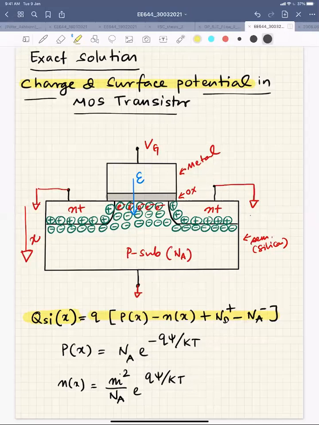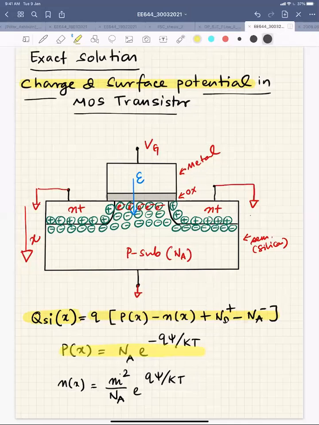Charge might be because of holes, electrons, positively charged donor ions, or negatively charged acceptor ions. So these are the four sources of charge. The charge in the silicon is Q times (Px minus Nx plus Nd plus minus Na minus). Last class we derived this Px.